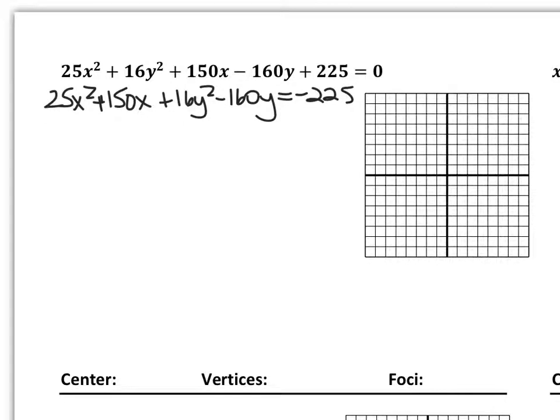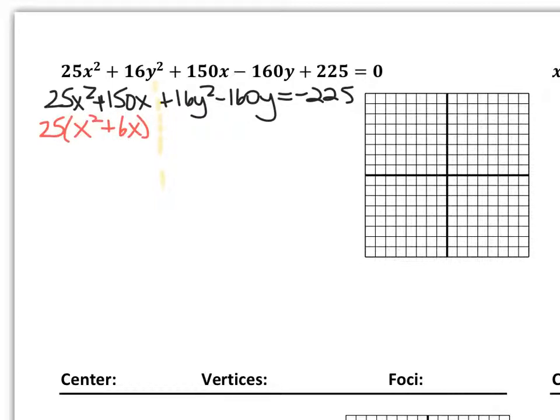But what we're going to do is still split it up and look at the x's and y's separately. Now on the left side where I'm looking at my x's, those do have a GCF that I can take out of 25. It actually doesn't matter if it's a GCF or not. I take out what's in front of x squared. So that leaves me with x squared plus 6x.